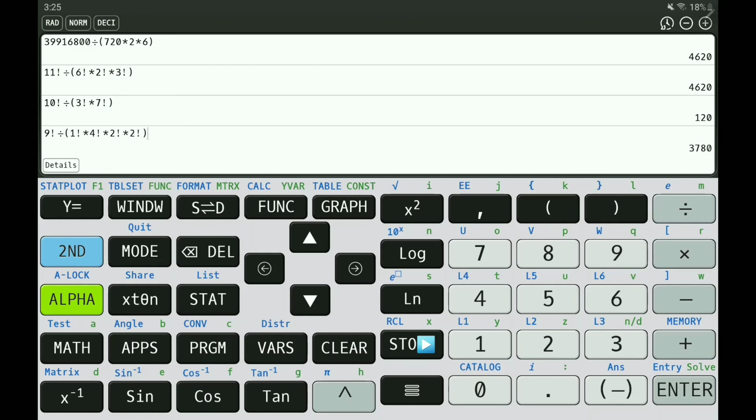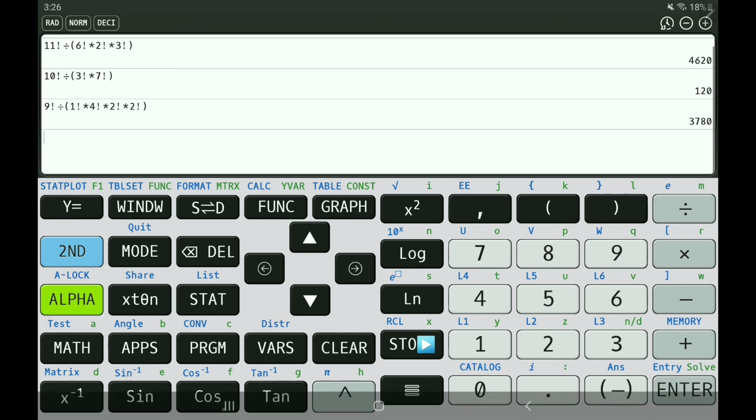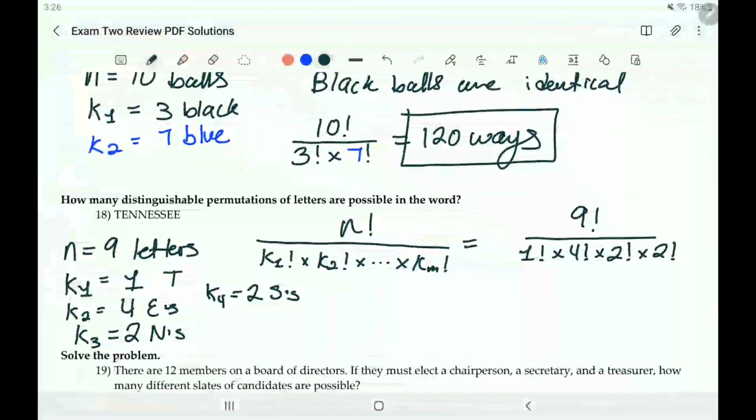Close that up. And there is our outcome: 3,780 ways. So this is going to equal 3,780 distinguishable permutations.